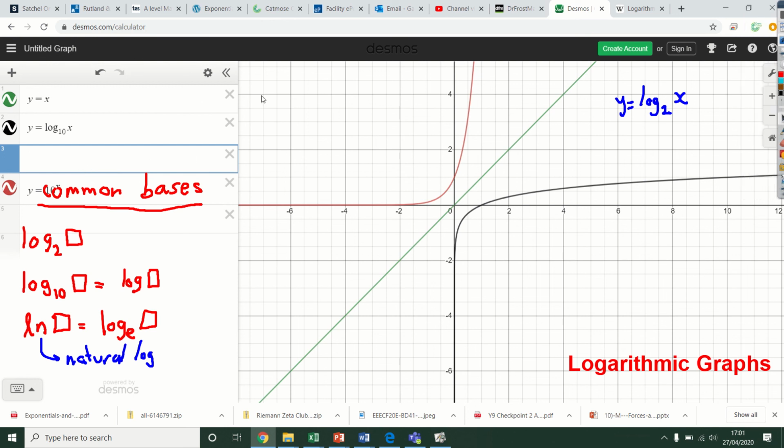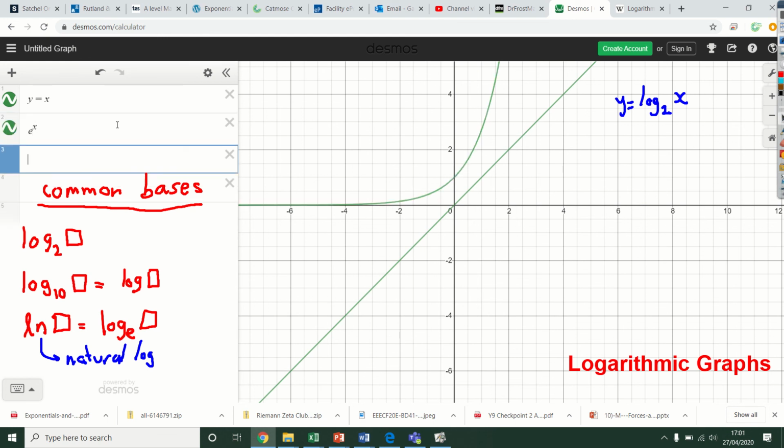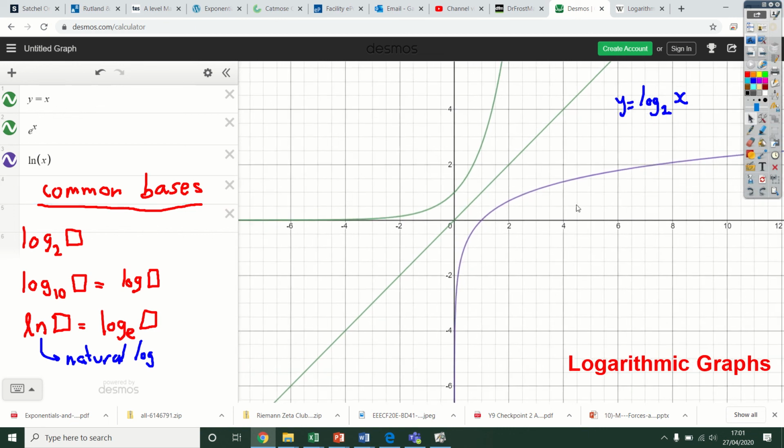Okay, and just so we can see it, let's do e to the x and natural log of x. There's the special one, that's the one that we most commonly use, e to the x, and then natural log of x, ln of x looks like that. Okay, so they're all the same pairing.